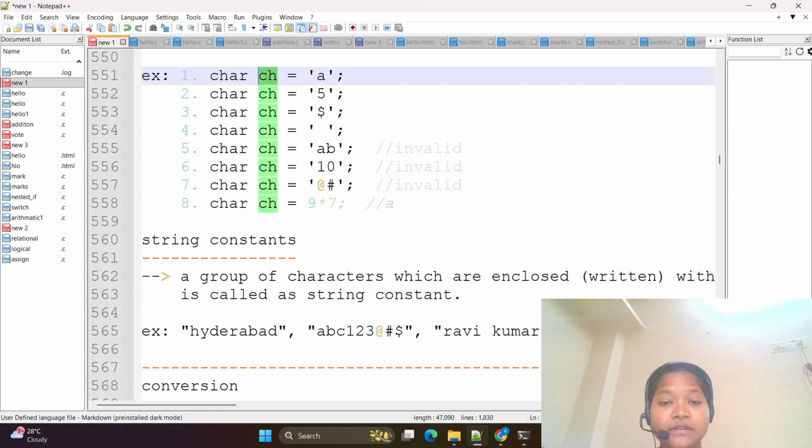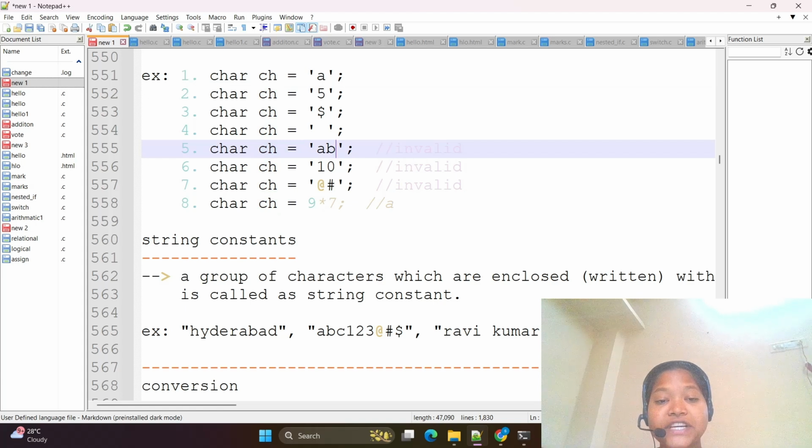Then why is it invalid? Because we are storing more than one character. We can't store more than one character in char data type. So here the data type is char, and we can't store more than one digit, number, value, or character. Only one we can store within single quote.